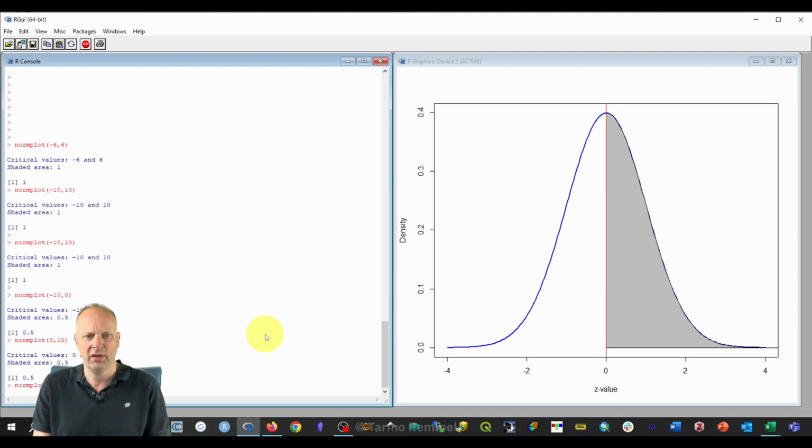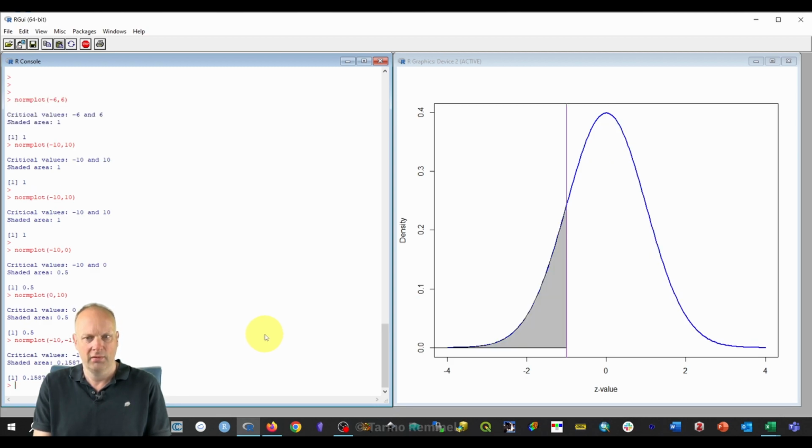So what if we went to minus 10, but we're now looking at the area from a z-score here of -1, or 1 standard deviation less than the mean, all the way towards the low end of the distribution?